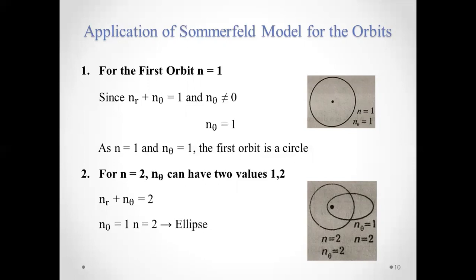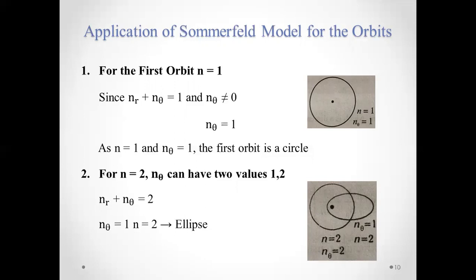Coming to the second application, for n equals 2, n theta can have two values, that is 1 or 2. For nr plus n theta equals 2, n theta can be 1 and n can be 2.